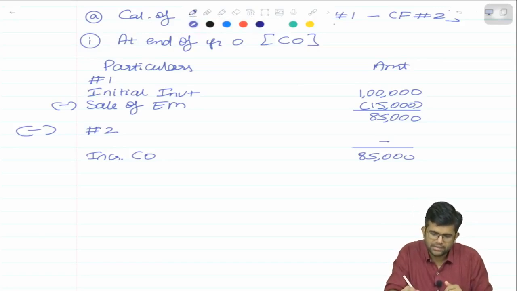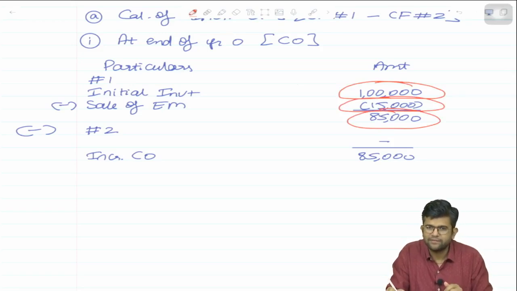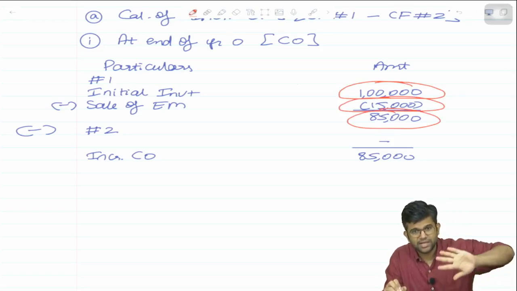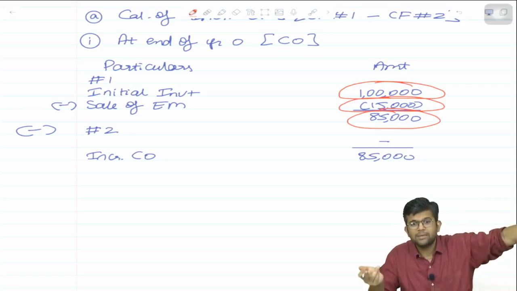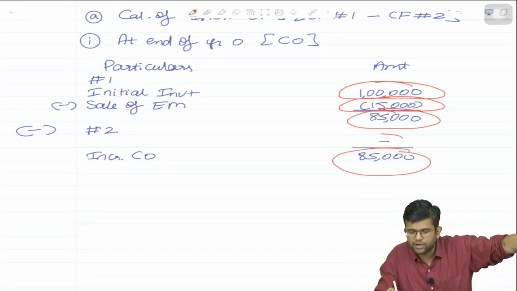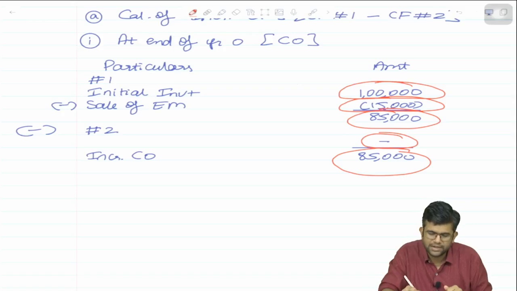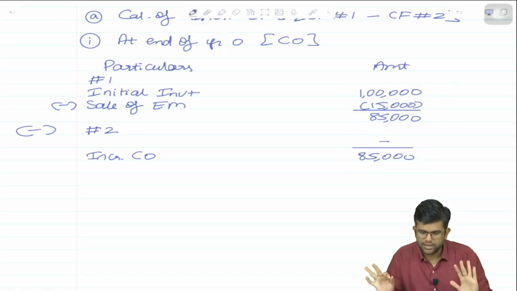Sometimes people in Inter CA, if they are slightly misguided, they think, oh, new machine 1 lakh, old machine 15,000, incremental 85. This is wrong understanding. 85,000 is not incremental. 85,000 is the net cash flow of story 1. Incremental also became 85 because this 0 was there. You are understanding what I am trying to say? Nobody talks about this. That is why there is a lot of confusion in replacement.